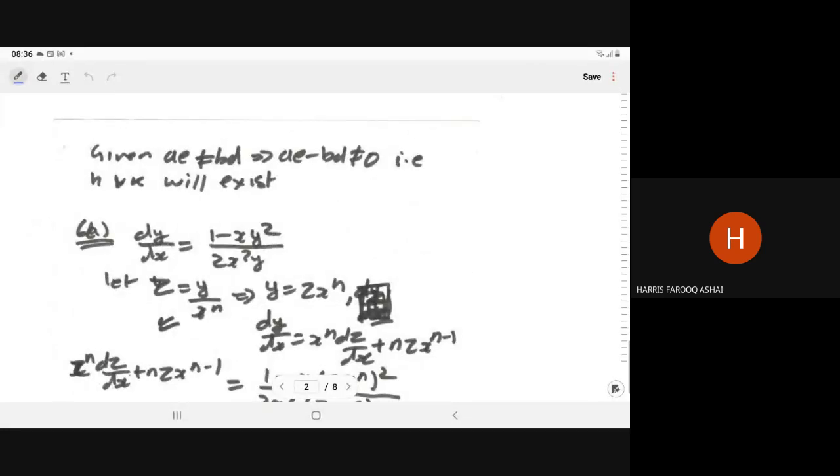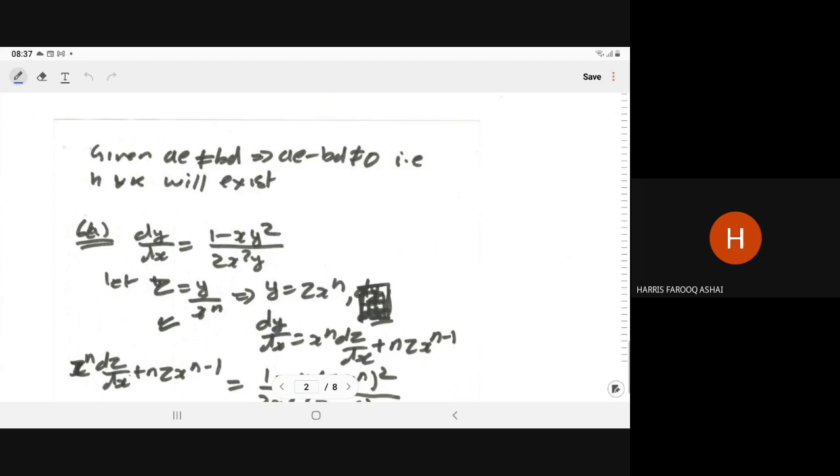So given AE not equal to BD, or AE minus BD not equal to 0, H and K will exist, right? So if we have this type of equation, we always have such constants H and K which reduce the non-homogeneous equation into the homogeneous equation.